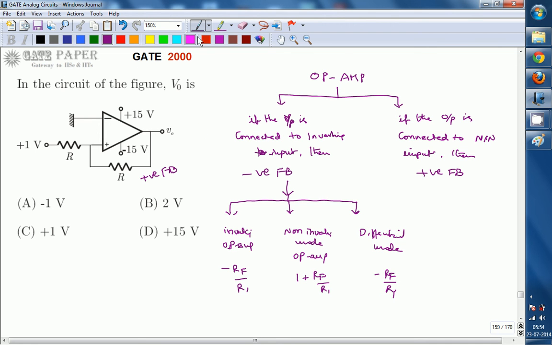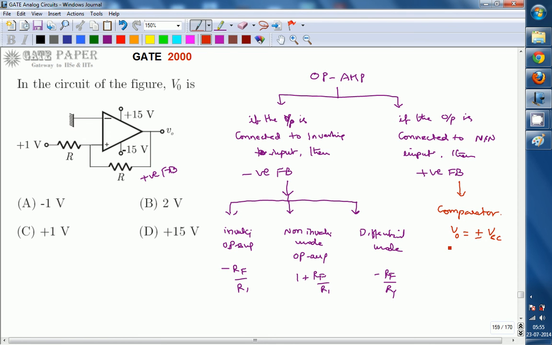But whenever the feedback is positive, there is only one application: it always acts as a comparator. When it acts as a comparator, the output is at either plus VCC or minus VCC. In our case it may be at plus 15 or minus 15.